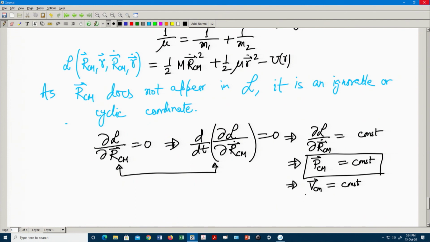In many problems, you will find that VCM, or velocity of center of mass, or momentum of center of mass may be either 0 or very small, or if it is varying, then it is a constant. So, the problem may be solved ignoring this part.